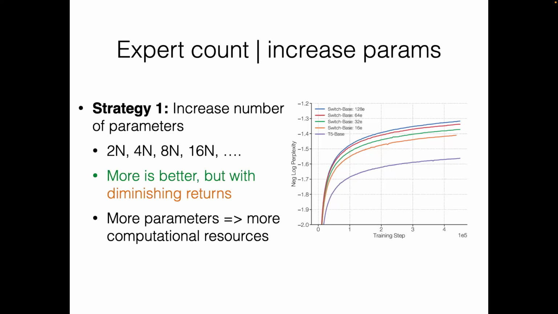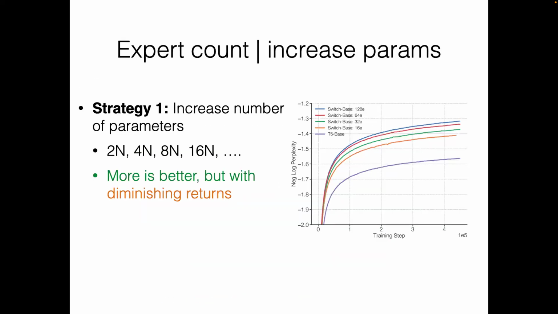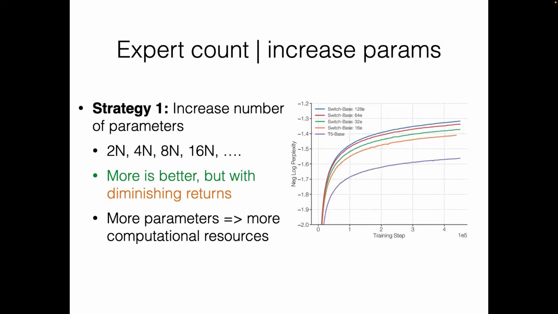So although the number of flops is fixed, it keeps increasing the number of resources you need to actually train and host the model. So that's one consideration. In practice, people don't keep going to infinity. You'll usually see numbers like 64, 128, things like that.